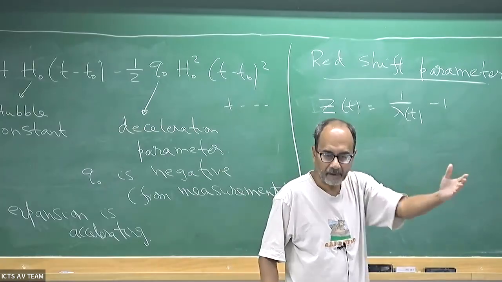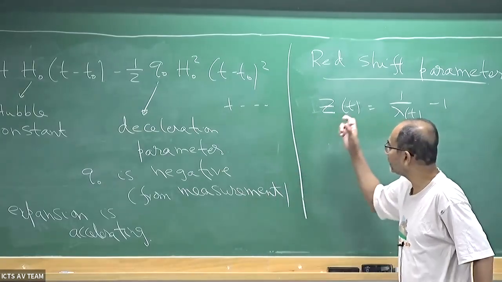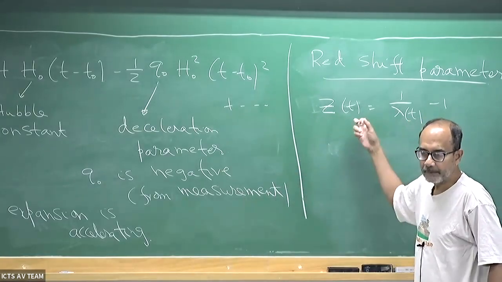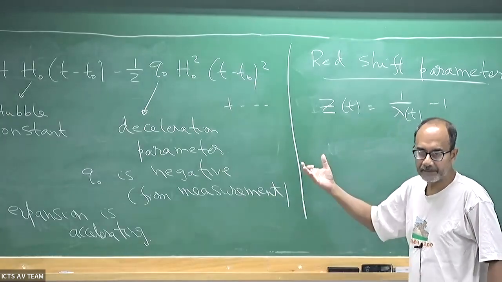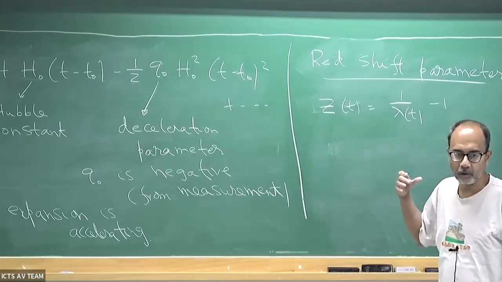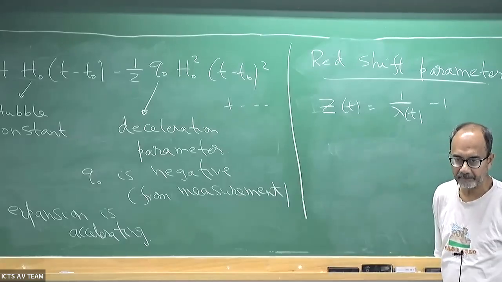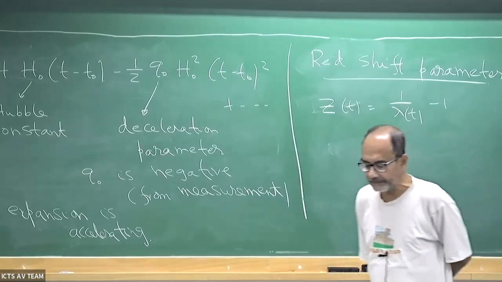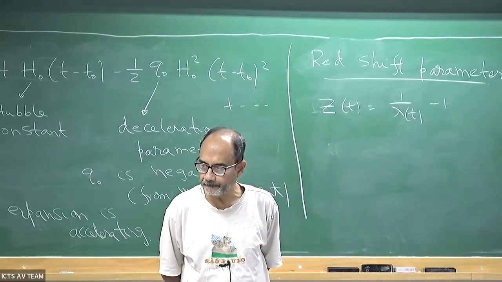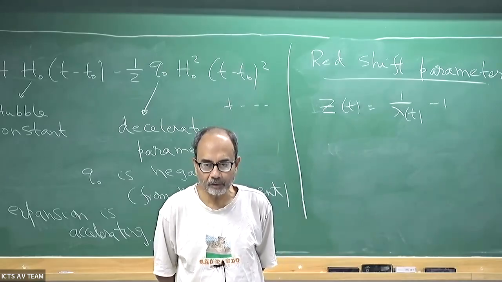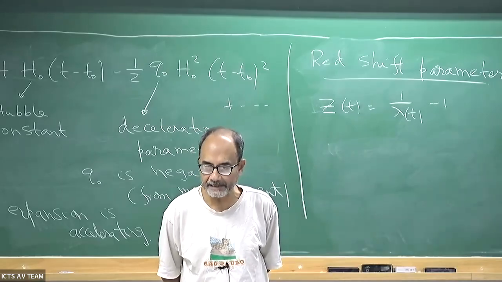Far away stars would have smaller t, and so Z would be positive. The farther away the star is, the smaller would be lambda of t, and then Z will be more positive. So Z, you can think of that as a measure of the time at which the signal started, but you can also use it as a measure of distance.